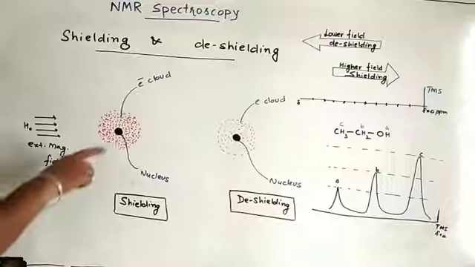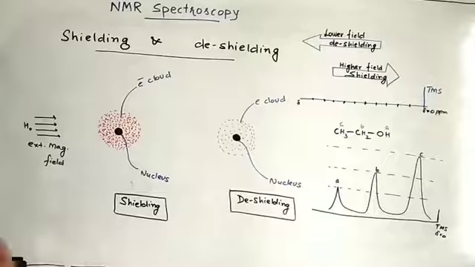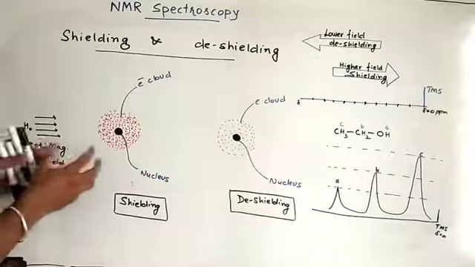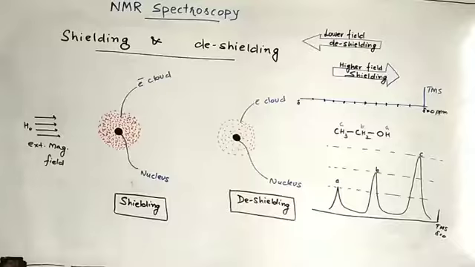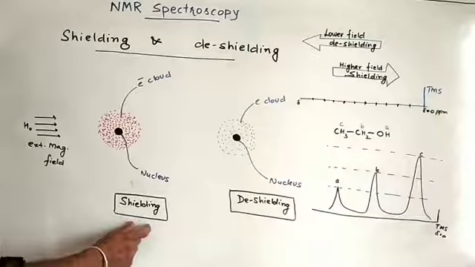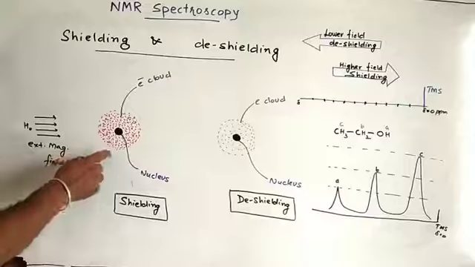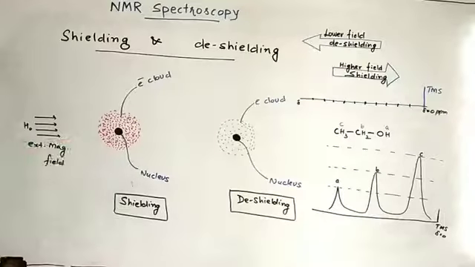So to make this proton in the nucleus come into resonance, we must apply more external magnetic field, and only then does that proton come into resonance with the radio wave frequency. It means this is shielded. That's why in shielding we require strong magnetic field strength.